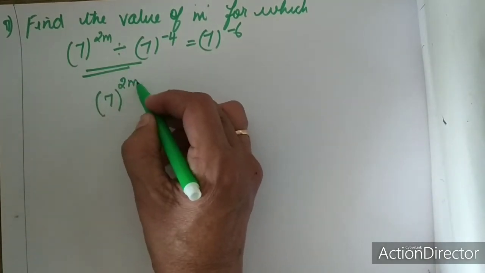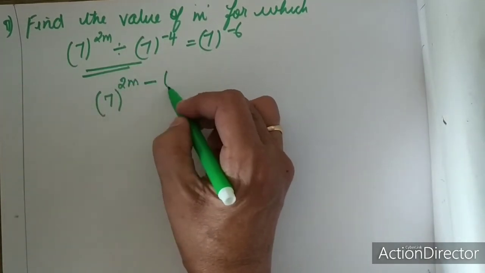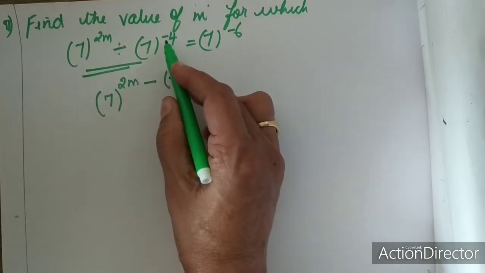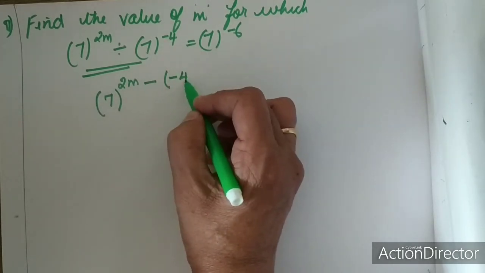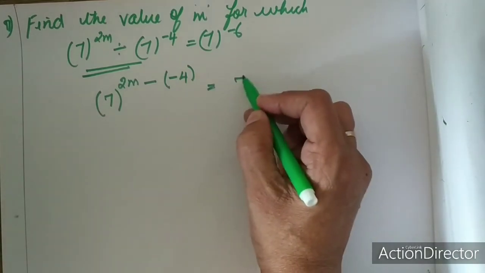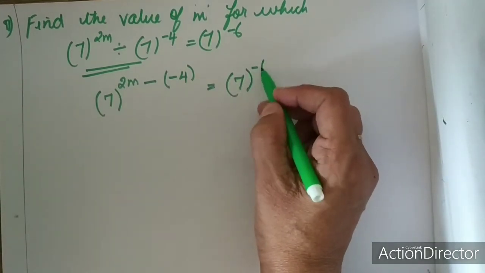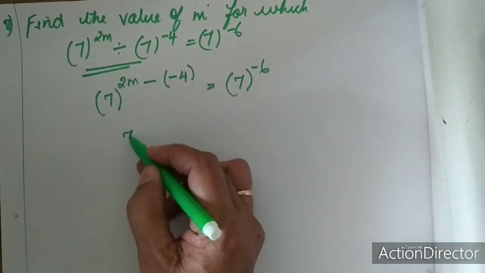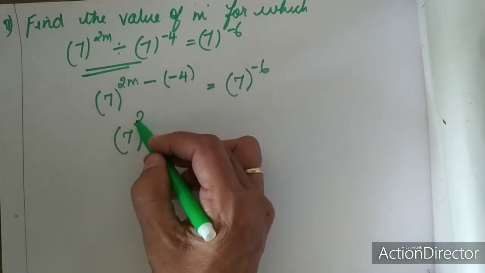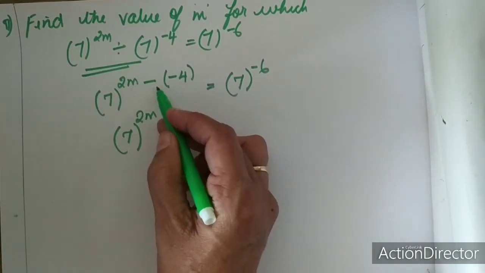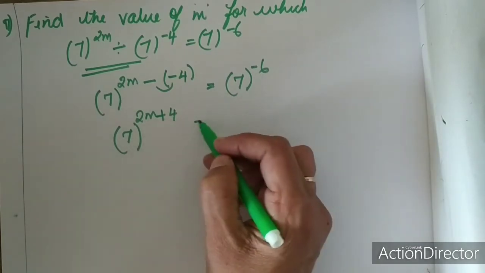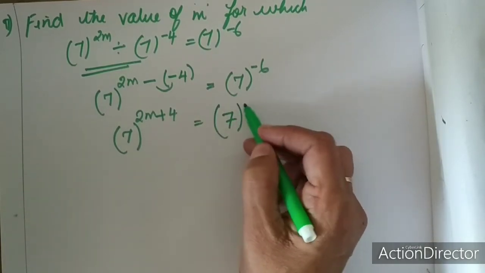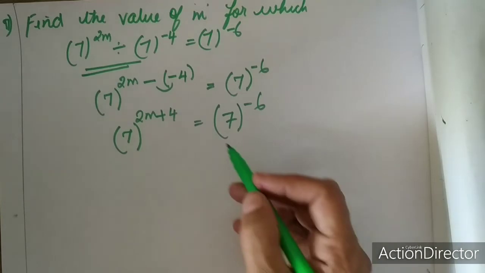So it is 2m minus, in bracket you write the second power since it already has a negative sign, minus 4, is equal to 7 whole raised to the power of minus 6. Now 7 raised to the power of 2m, minus into minus is plus 4, is equal to 7 raised to the power of minus 6.